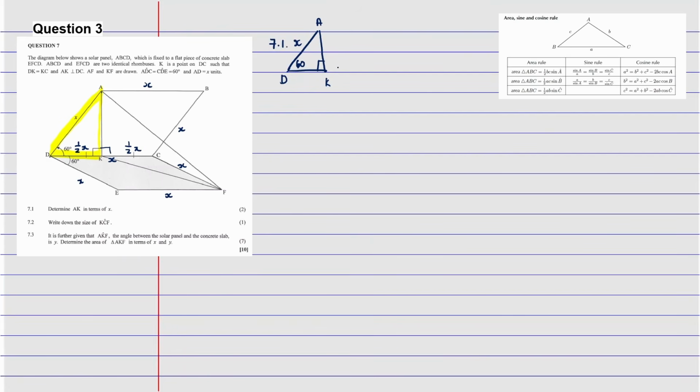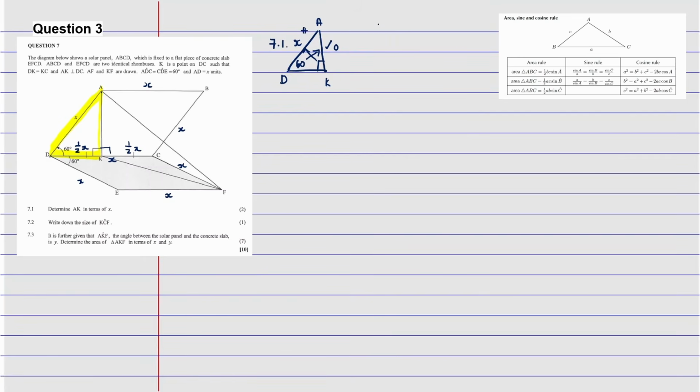We're looking for AK. So we're looking for this one, the one that I put a tick, right? So related to that, obviously our angle is going to be this one. So it's going to be opposite over hypotenuse because it's opposite the square, right? So it's going to be opposite over hypotenuse. So this is the same as, which one has opposite over hypotenuse? So this is opposite and this is hypotenuse.